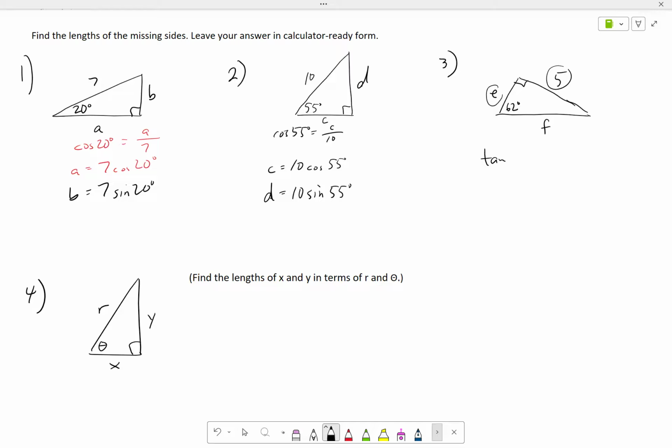And since tan is opposite over adjacent, it's 5 over E. So tangent of 62 equals 5 over E. So you do 5 divided by tan 62. Nice. E is equal to 5 over tangent of 62. Any questions about that?